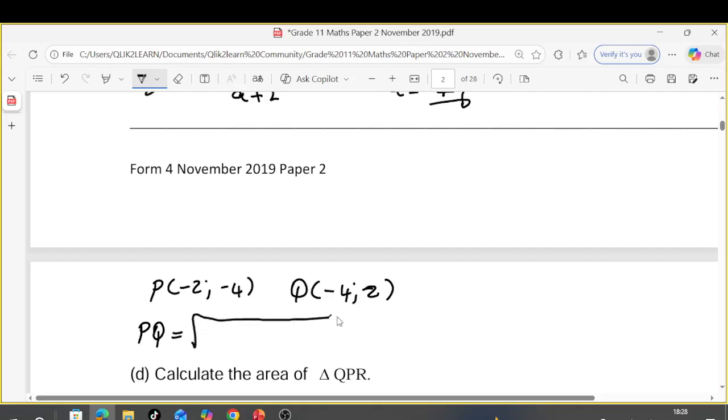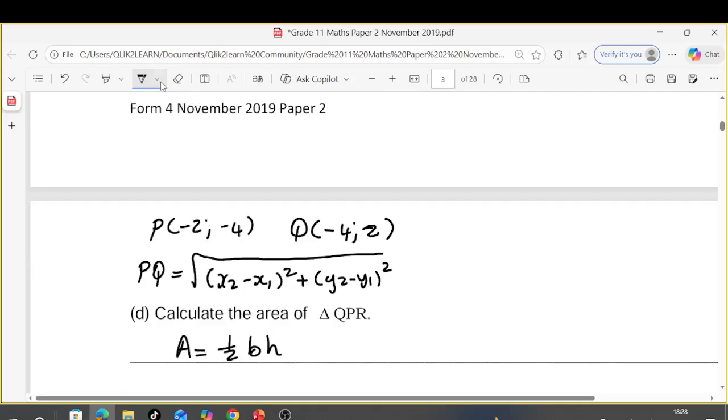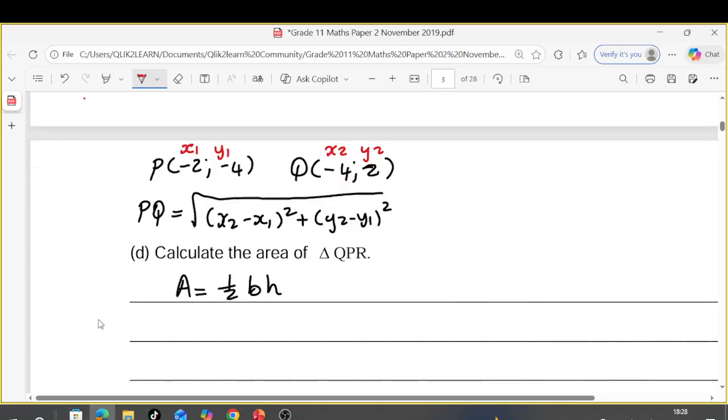It's going to be equal to the root of (x2 minus x1) squared plus (y2 minus y1) squared. So let's check this. I'm going to have this as my x1, y1, my x2, y2. Trust me, if you write your details like this, there's no way you're going to make a mistake in your substitution. So PQ will be equal to the root of what is your x2?